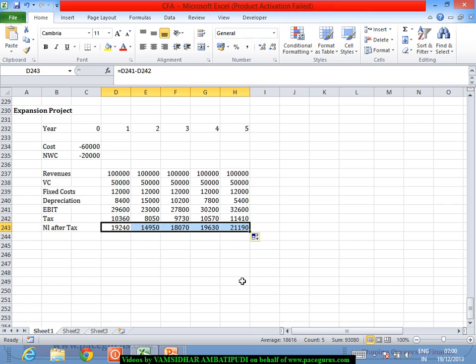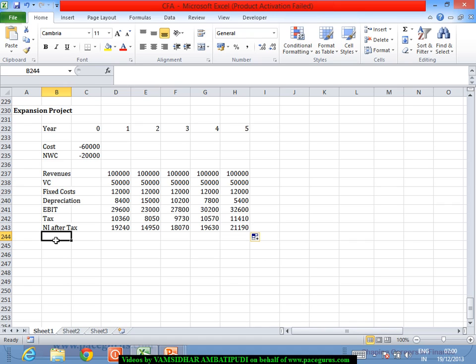And finally these are the numbers. Now for the net income after tax, I can add back the depreciation, or probably I should do EBIT into 1 minus T plus depreciation, whatever it is.